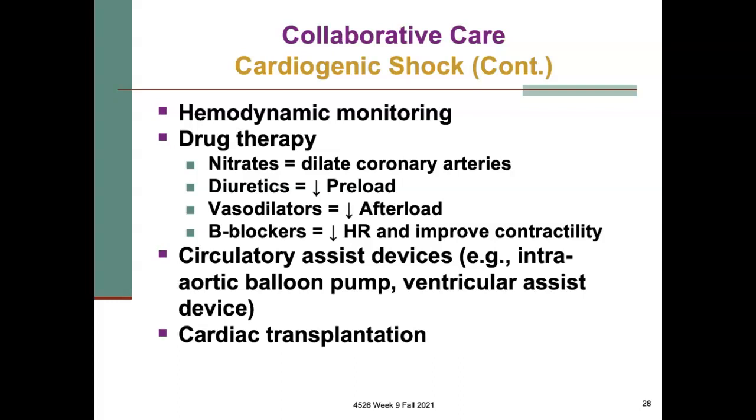Other things are the use of circulatory assist devices. An intra-aortic balloon pump takes the pressure off the heart, and a ventricular assist device also assists the heart in pumping better. And there could be a need for cardiac transplantation as an option for a small and select group of clients with cardiogenic shock.